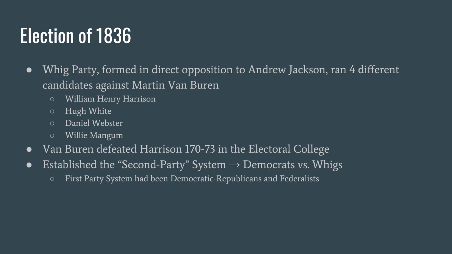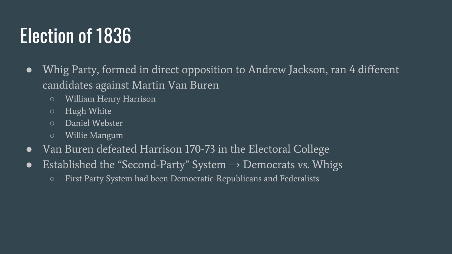And because the party was so new, they ran 4 different candidates against Martin Van Buren. They couldn't decide on one. So we see William Henry Harrison, Hugh White, Daniel Webster, and Willie Mangum all run against Martin Van Buren. And Van Buren defeats Harrison pretty handedly in the Electoral College.